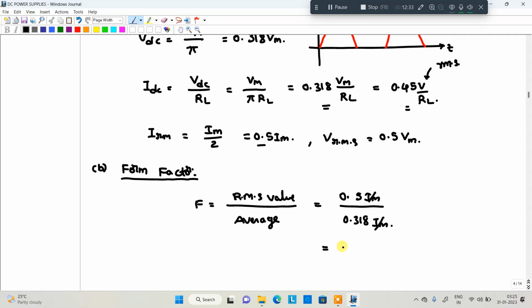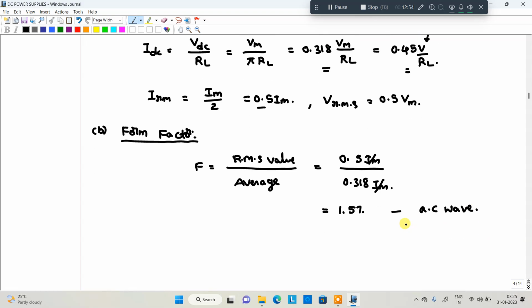So the form factor will be 1.57. In general, the form factor for alternating current or alternating voltage is 1.11.